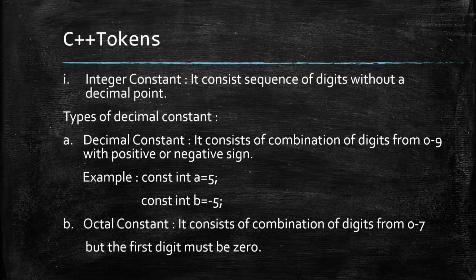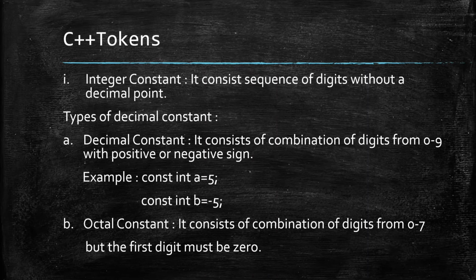Fine. So second type is our octal constant. So what is an octal constant? Oct means 8. It means it consists of 8 digits. So it consists of a combination of digits from 0 to 7, but the first digit must be 0.